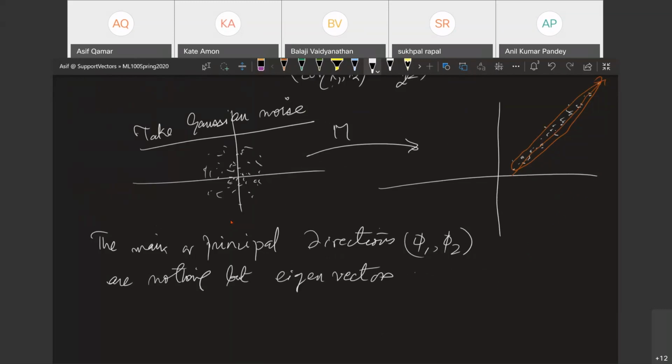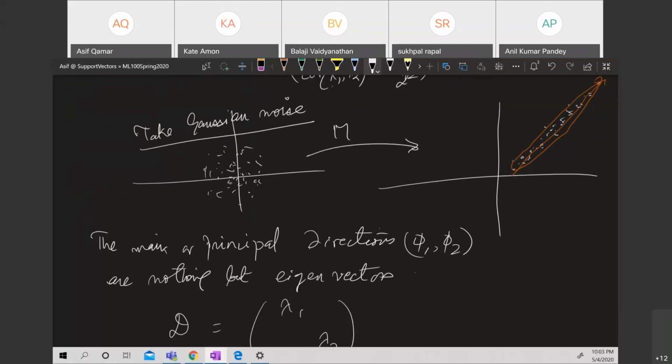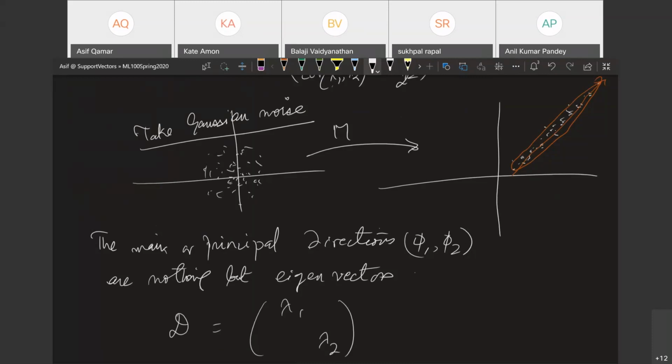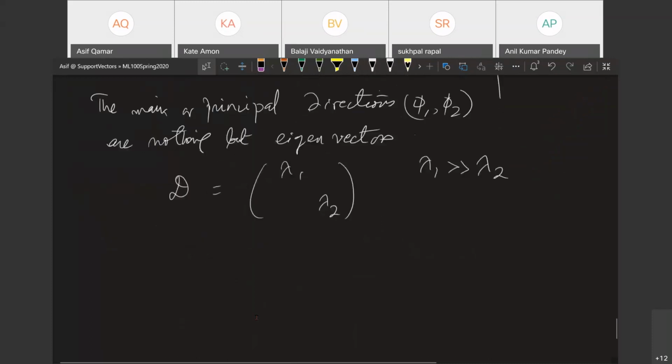Now there is a very beautiful relationship. When you write the diagonal matrix as lambda 1, lambda 2, if there is truly a situation like this, where the data is strongly correlated, then lambda 1 will be much, much greater than lambda 2, right? You can generalize it to higher dimensions, but I'll leave it at that. And so you can approximate it as lambda 1, 0. Any point, you can just represent along the one unit vector. The phi 1 component is the value along this unit vector.